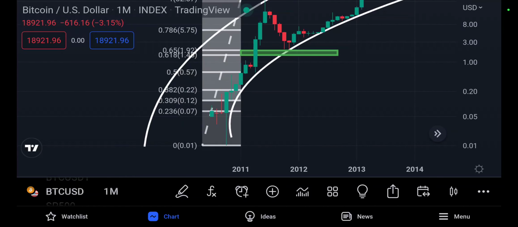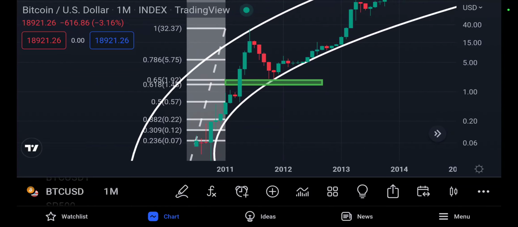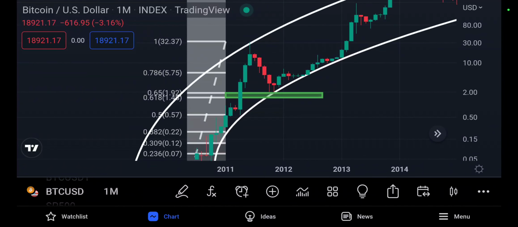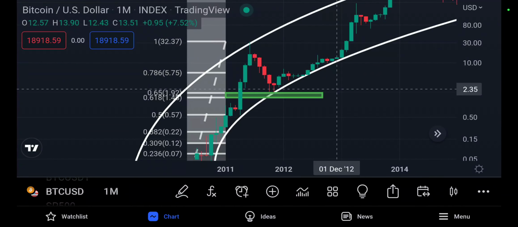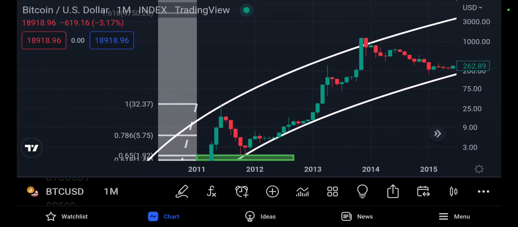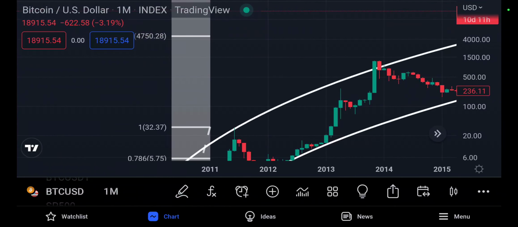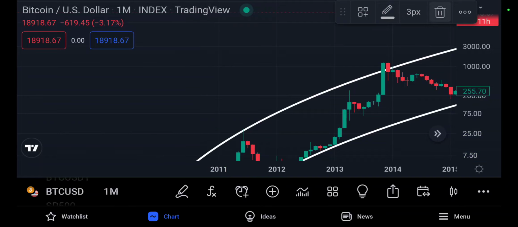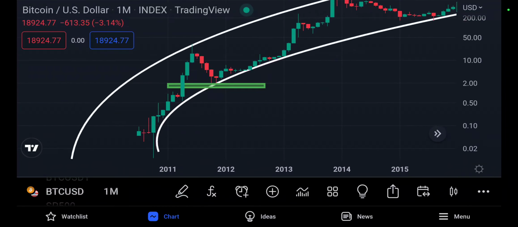After increasing from 1 cent all the way up to $32, we retraced all the way down towards the 0.618 Fibonacci. So what we could do from here is just delete that, since we have that range already mapped out.